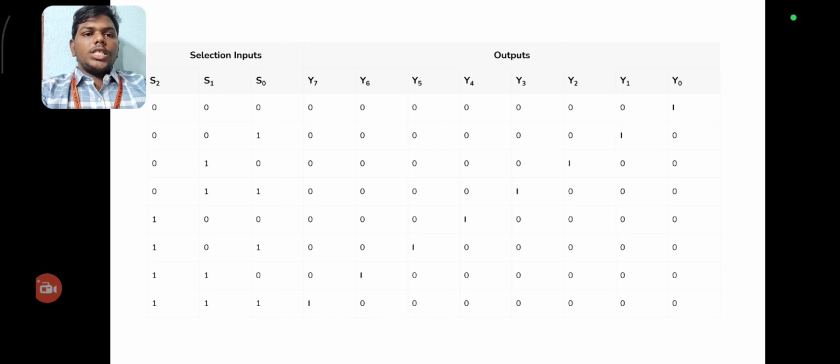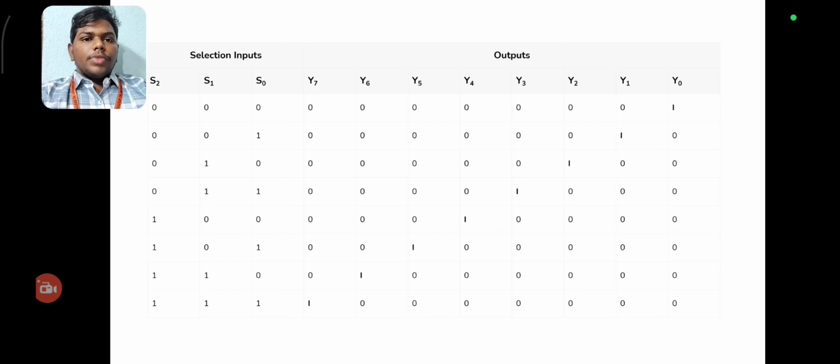If S2 is 0, S1 is 1, S0 is 0, then Y2 is true and all others are false. If S2 is 0, S1 is 1, S0 is 1, then Y3 is true and all others are false. If S2 is true and S1, S0 are false, then Y4 will be true and all others false.